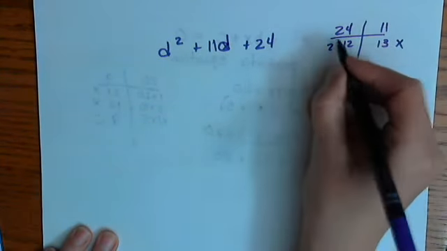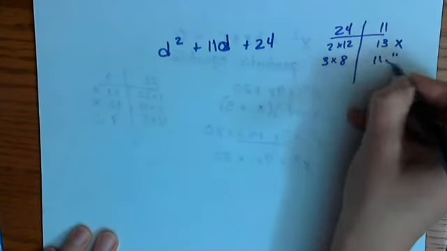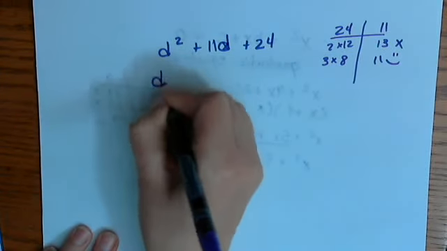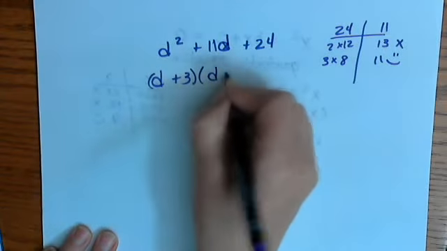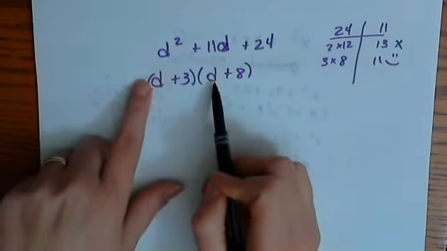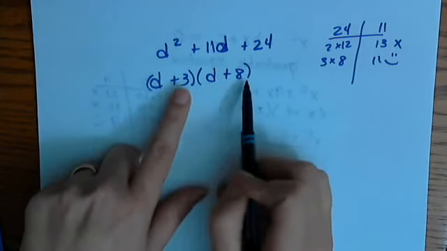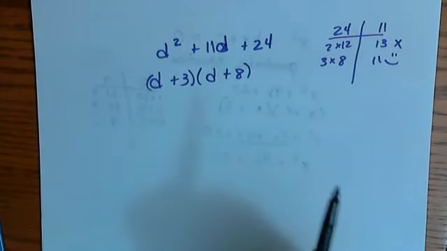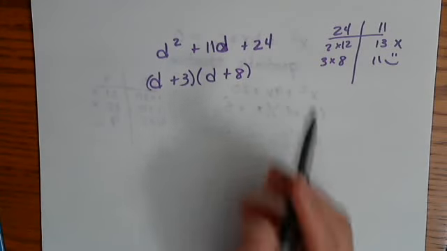Nope, not what we want. 24 is 3 times 8, and that adds to 11. We got it already. So that means we're going to do d plus 3 and d plus 8. And indeed, that's d squared plus 8d plus 3d, that's 11d, plus 24, we get what we started with. Easy peasy. Let's try another one.